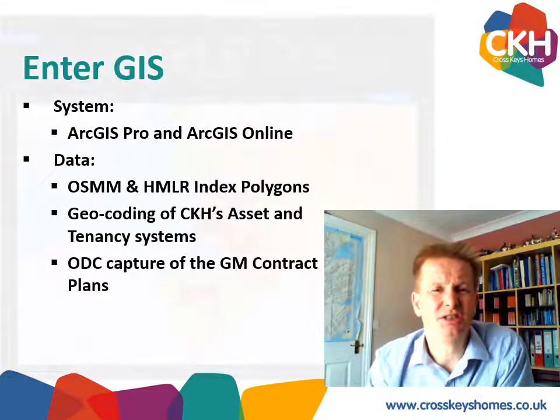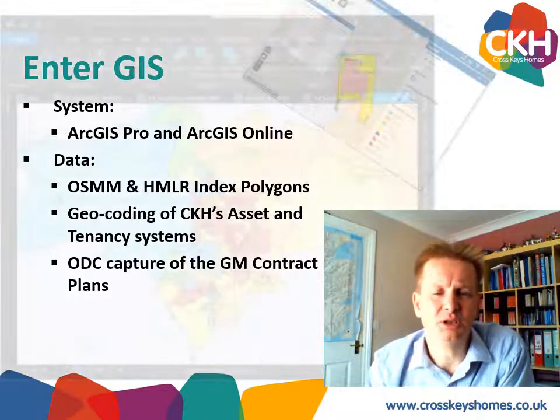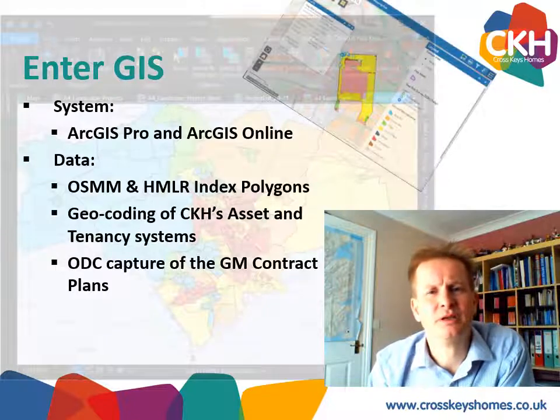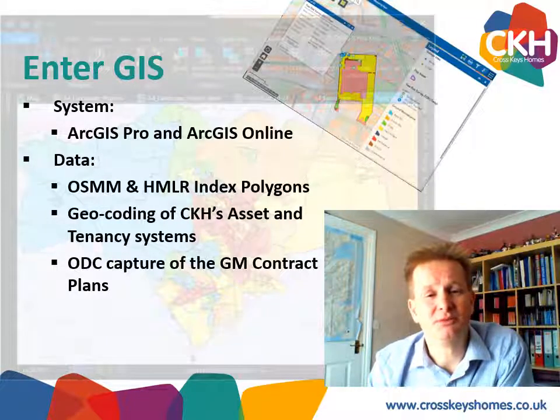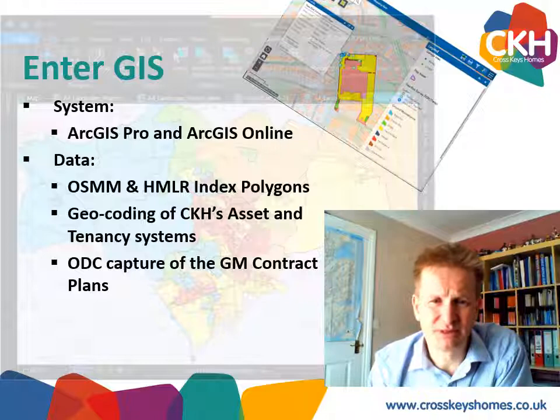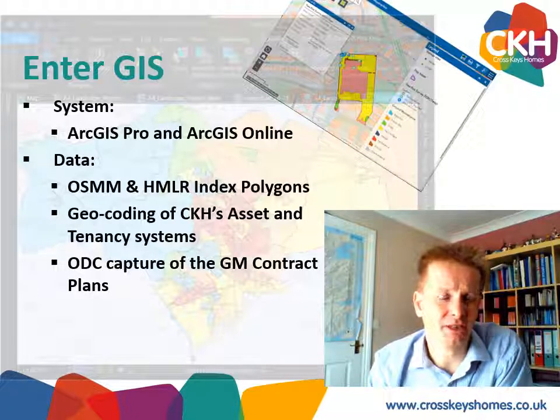Our GIS journey started roughly 2 years ago with the procurement of the Esri suite. We then populated that with the Ordnance Survey master map and Land Registry land ownership polygons.